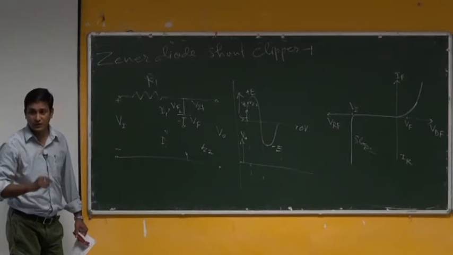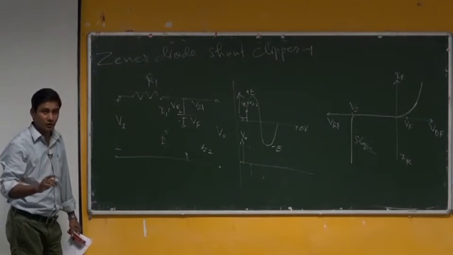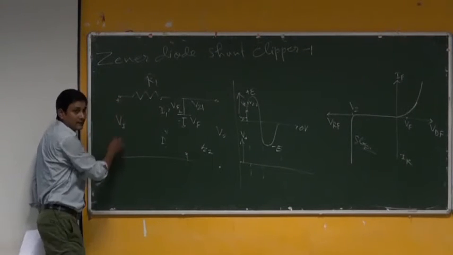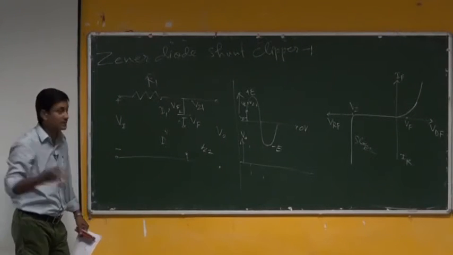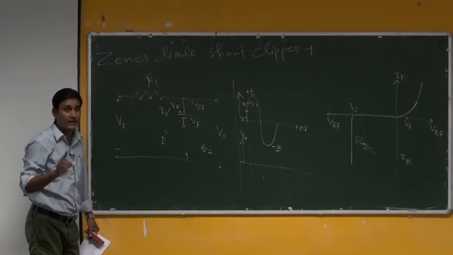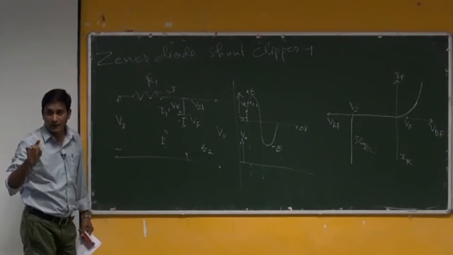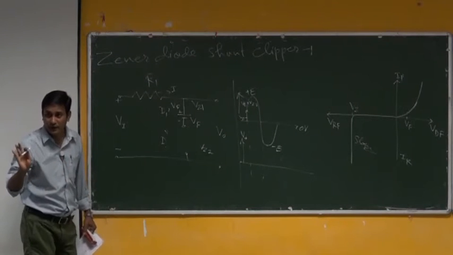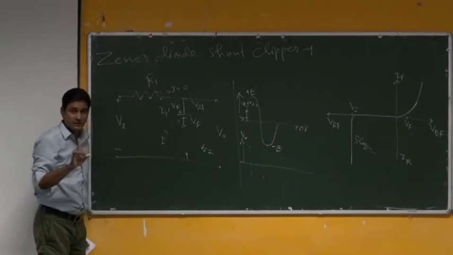So what should be the output voltage? Not 0. Whatever input voltage I have applied there, that should come at the output. If somebody has some confusion, because in between a resistance is there, then I will ask you what current is flowing here. If the circuit is open, no current is flowing, so I is 0. If I is 0, I into R1 is 0.